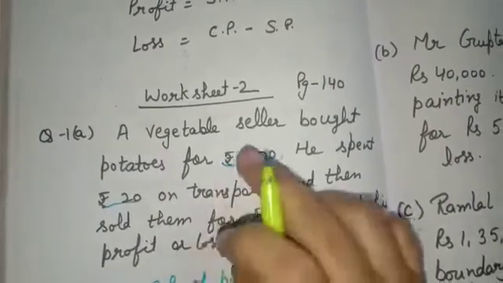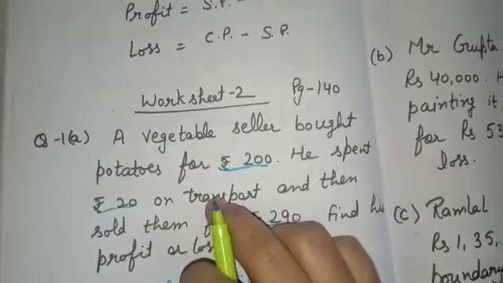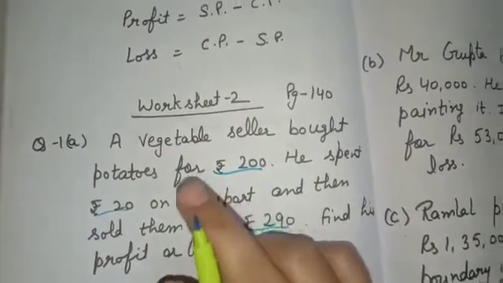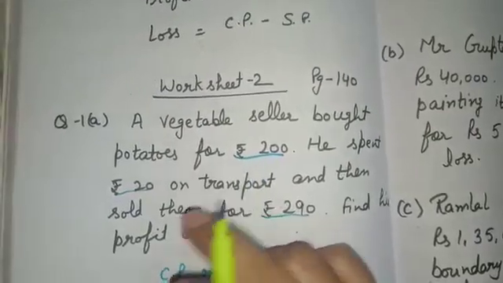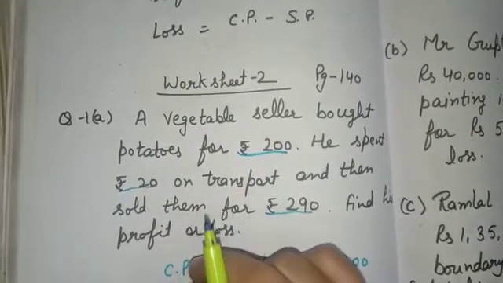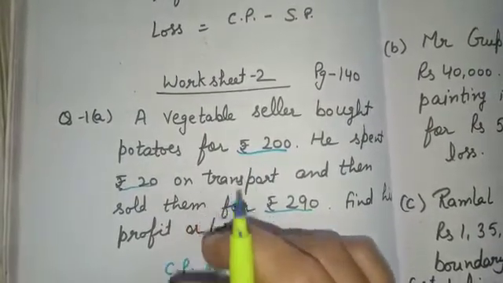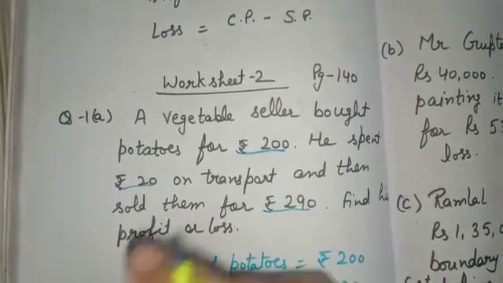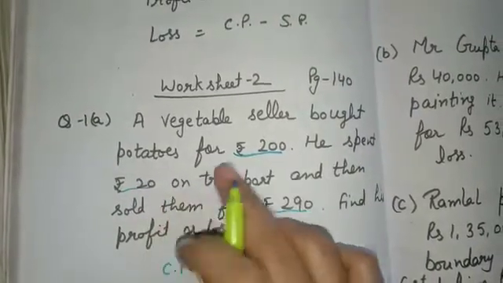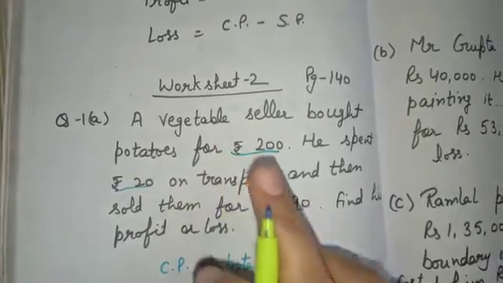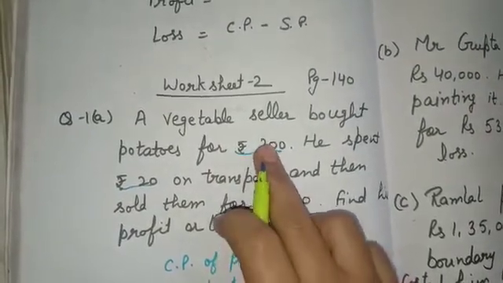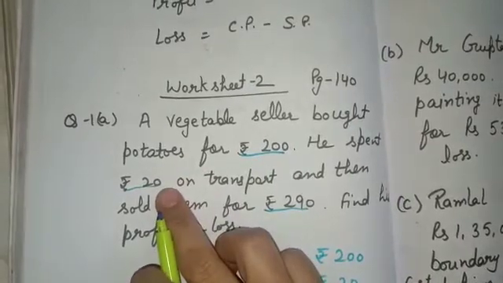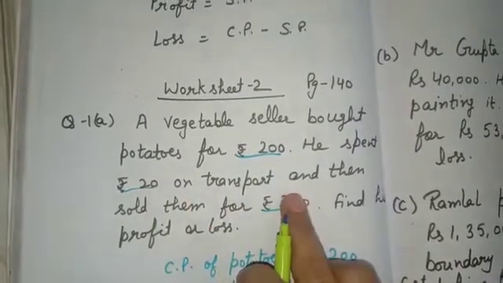So beta, this new thing means the overhead expenses, means the transport charges, or sometimes the shopkeeper packs the thing, or construction charges, or we bought a thing then we paint it, or anything else which we spent on the thing and then sold it. Firstly purchased, then spent some rupees on it and then sold the thing.